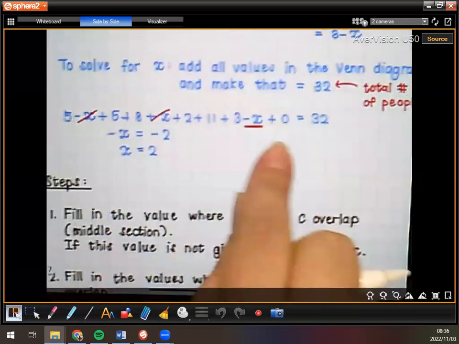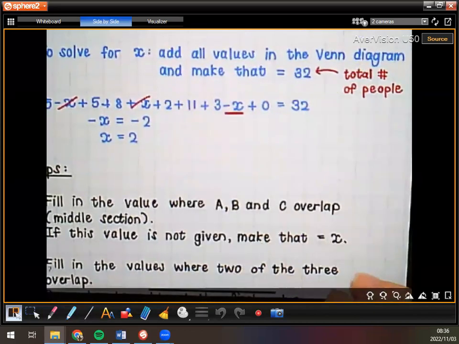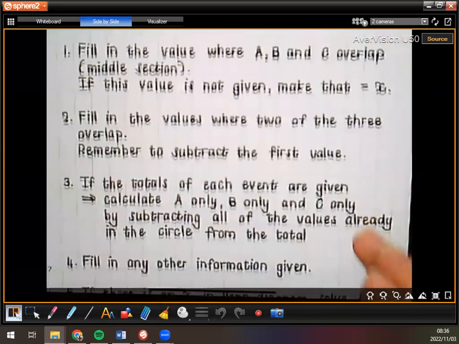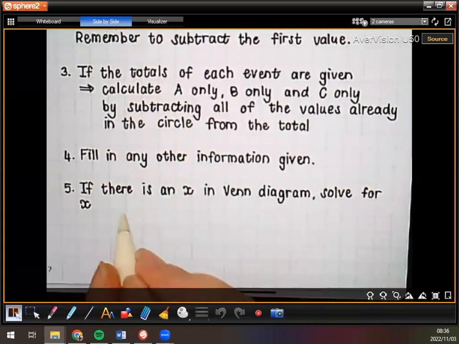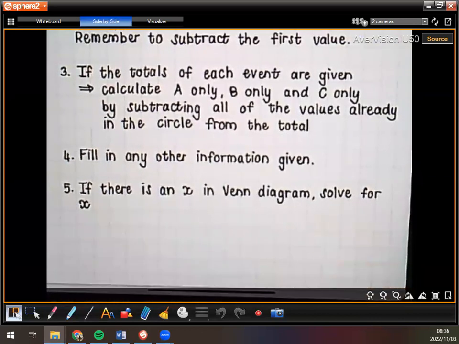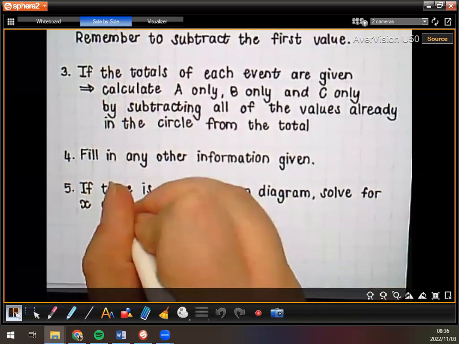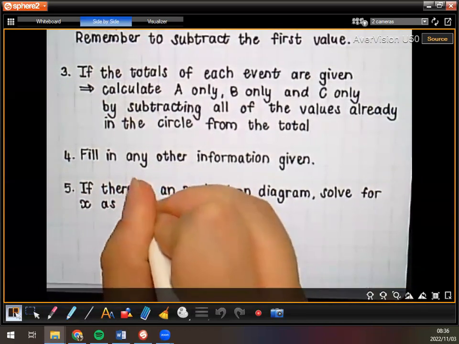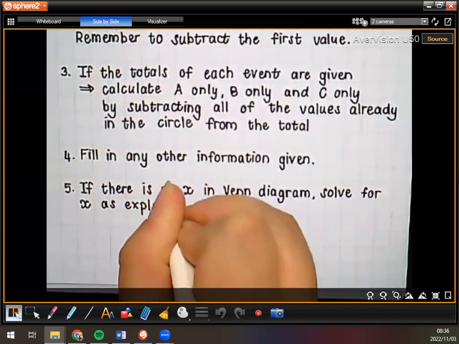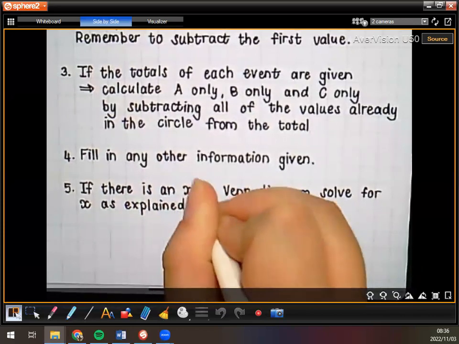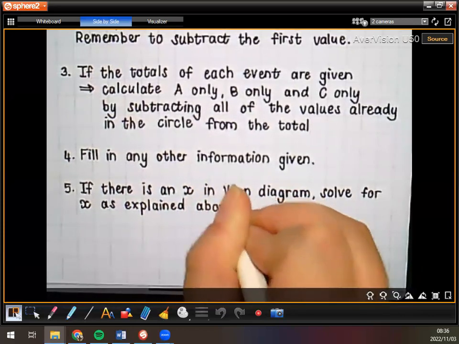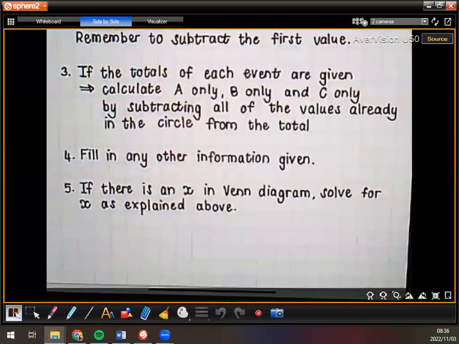To solve for X, add all values in the Venn diagram and make that the total. So that is just going to say solve for X as explained above. Is that fine? I don't want to rewrite the same thing. You can maybe make an arrow to where we wrote that, or you can use a little star or something, but we did write that down.